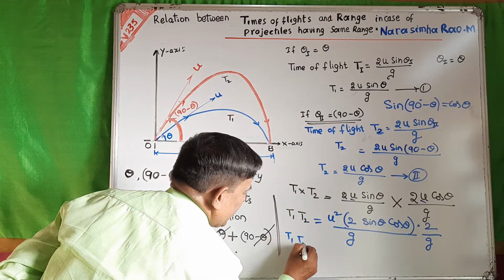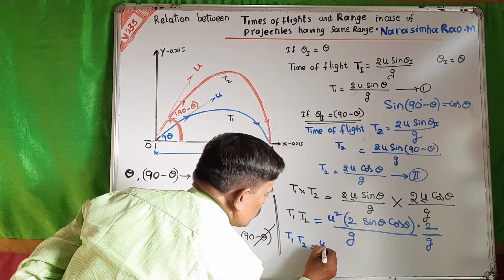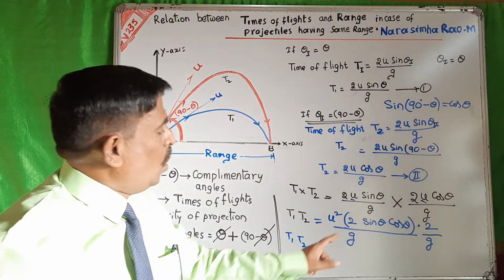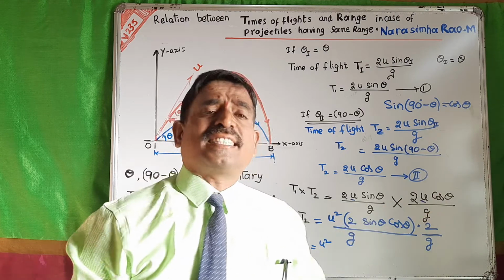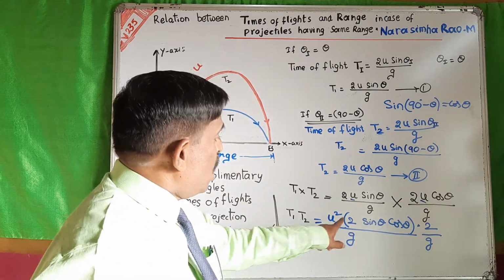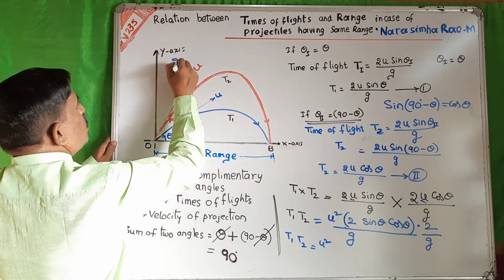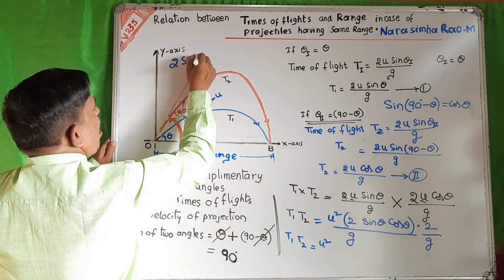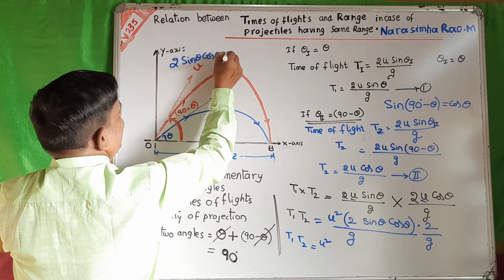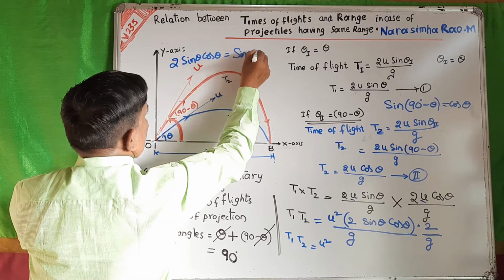T1 into T2 is equal to u square, 2 sin theta cos theta. 2 sin theta cos theta is equal to sin 2 theta.